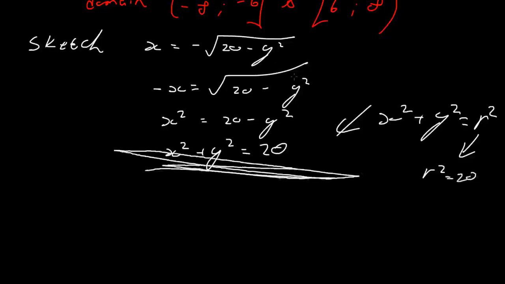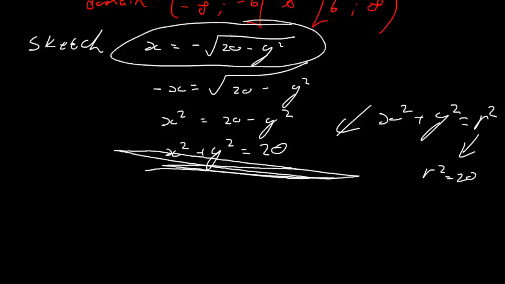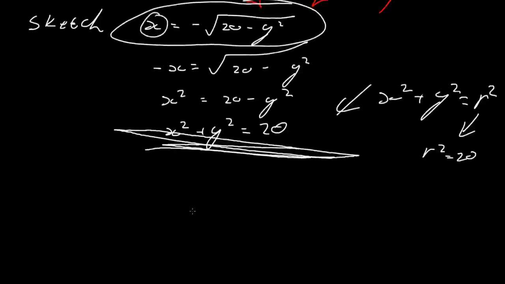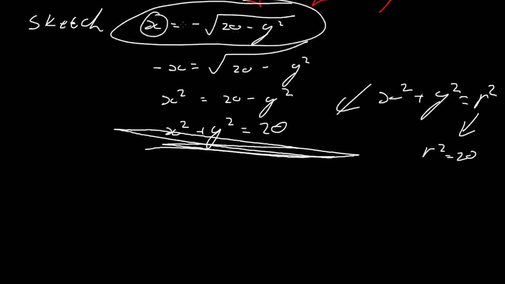But this is only a half circle. Because, if you go rewatch the video on circles, you'll see that this is just a half circle, because now we've written it in the form of a function. Even though it's written in the form x equals something, this is a half circle.